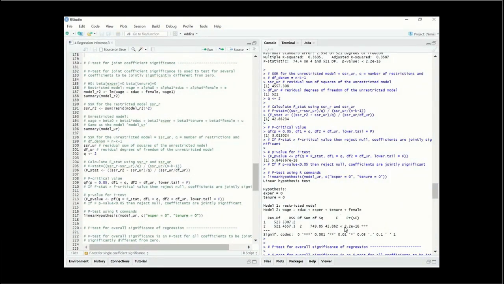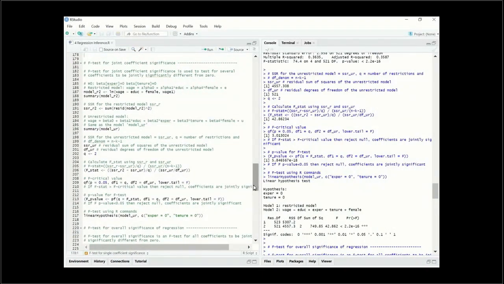And this is the p-value that we have here. This is the test statistic for the F distribution that we calculated above. And we're concluding again that the two coefficients are jointly significant. So this is a much faster way to do what we did with many lines up here.